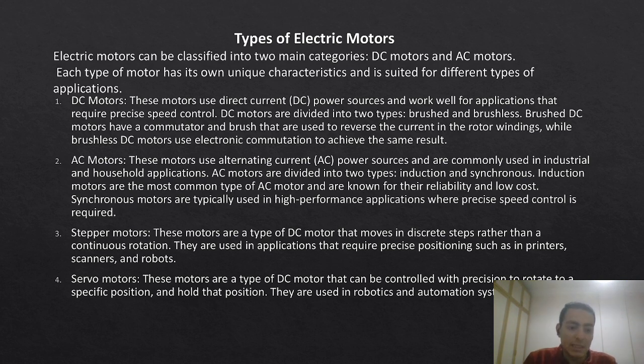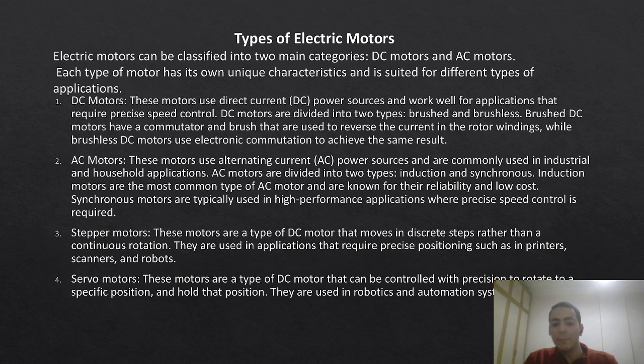Stepper motors and servo motors. These are two types of DC motors. Let's start with the stepper motor. Stepper motors are a type of DC motor that moves in discrete steps, rather than a continuous rotational motion.